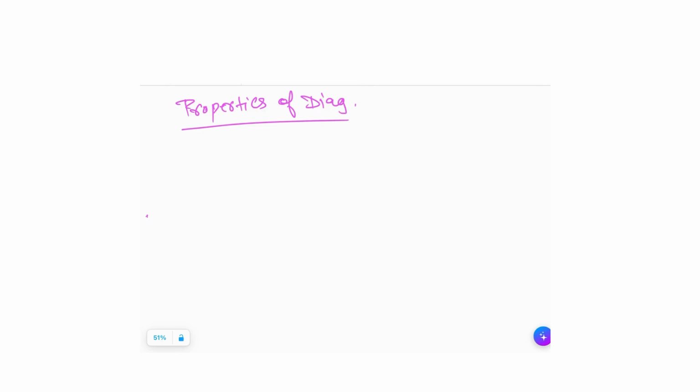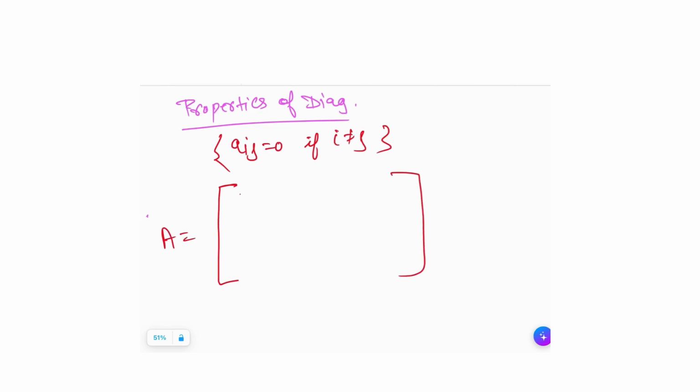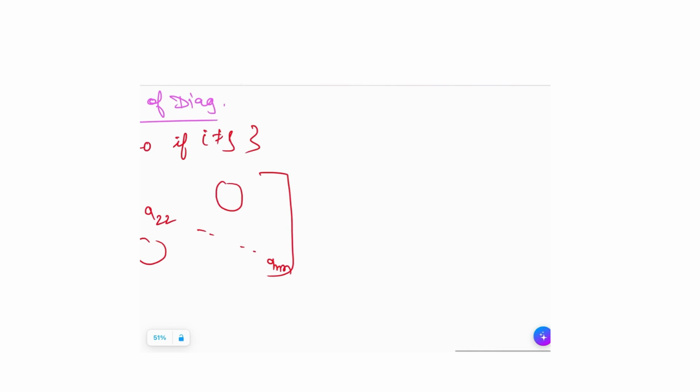What is a diagonal matrix? If aij equals 0 for i not equal to j. The general form of a diagonal matrix is a11, a22, up to ann on the diagonal, with 0 elsewhere. So the properties of these matrices are as follows.